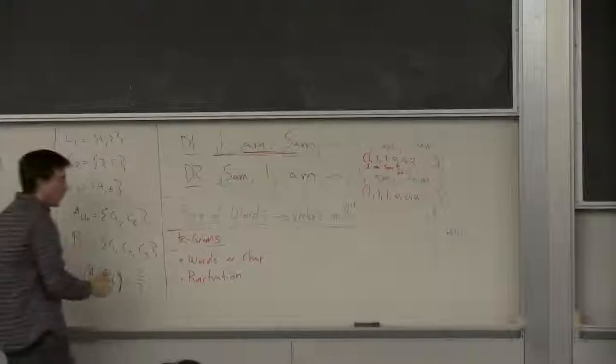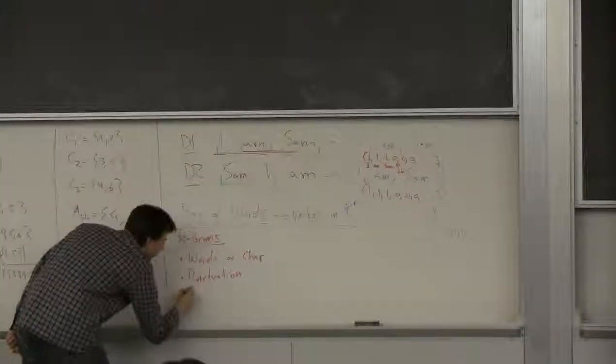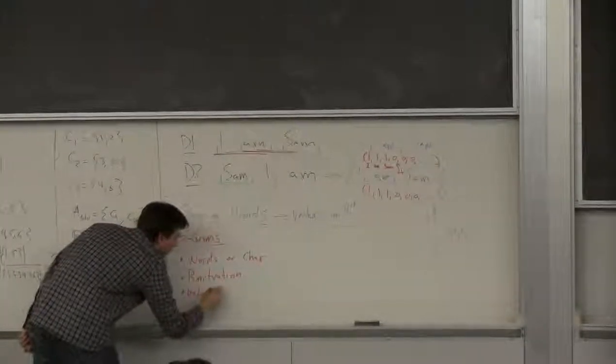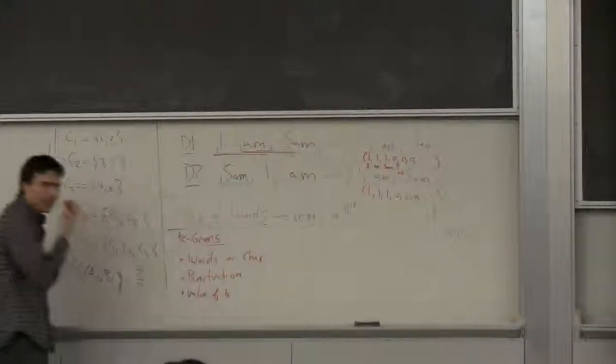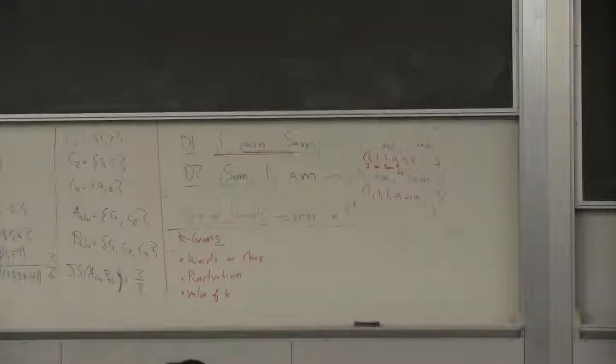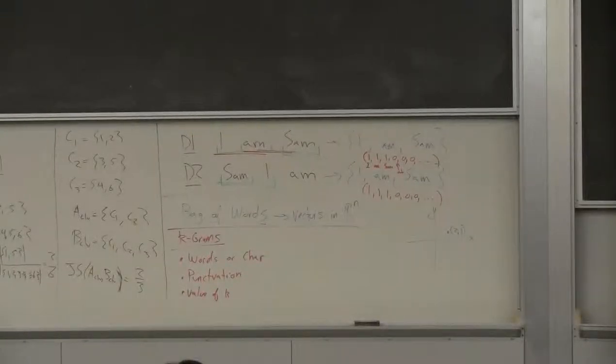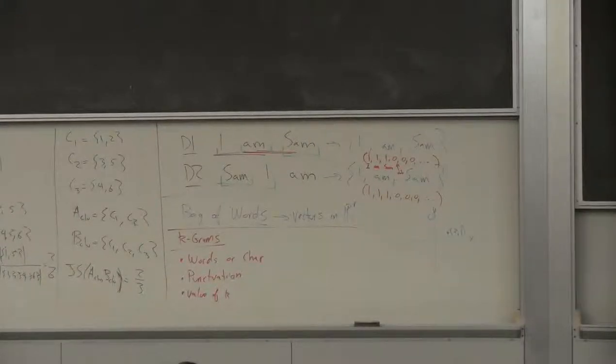Another thing you can see is the value of k. A rule of thumb on the value of k is that you want to have some collisions, but not too many.